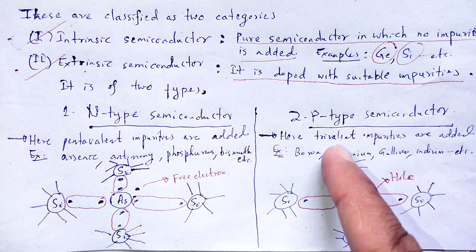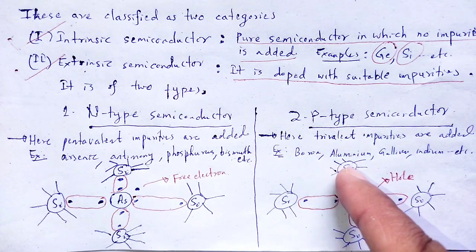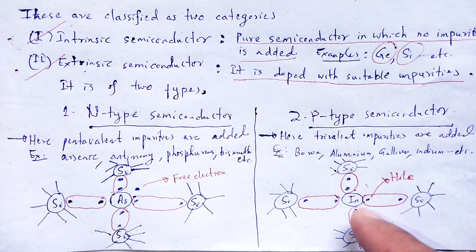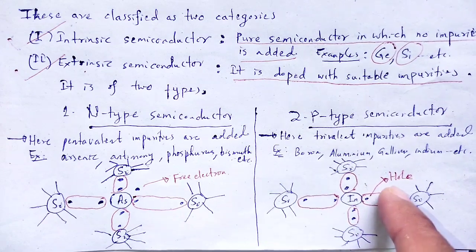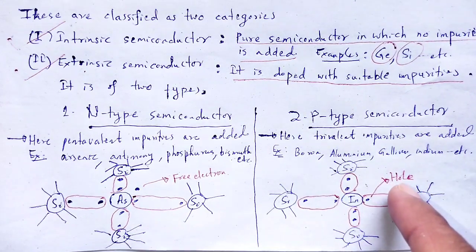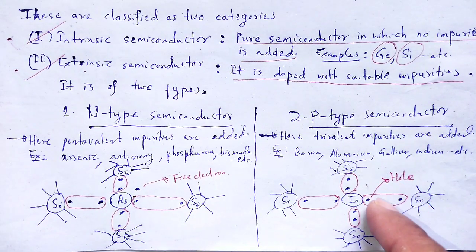And in P-type, trivalent impurities like boron, aluminium, gallium, indium, etc. And here is the deficiency of one electron, and that deficiency is filled by the formation of a hole. The hole is the charge carrier in a P-type semiconductor.